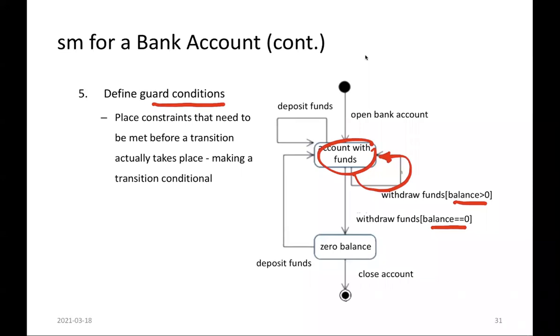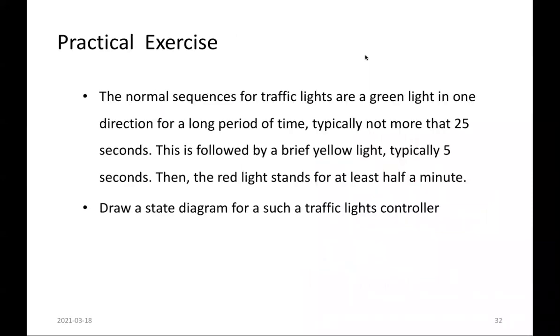Let's move on to another practical exercise, where we are interested in building the state diagram for a traffic light controller. What is the problem? The normal sequence for a traffic light is a green light in one direction for a long period of time, typically not exceeding 25 seconds, followed by a yellow light, which typically takes 5 seconds, and then the red light, which typically takes at least half a minute.